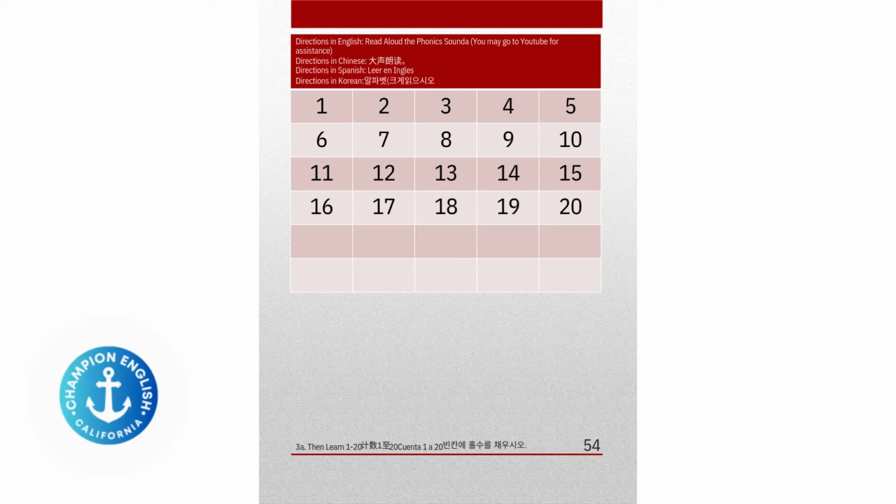Okay, students, we will now do our counting from 1 to 20. And we're going to start at the very top row in the corner with 1, 2, 3, 4, 5, 6, 7, 8, 9, 10, 11, 12, 13, 14, 15, 16, 17, 18, 19, and 20.